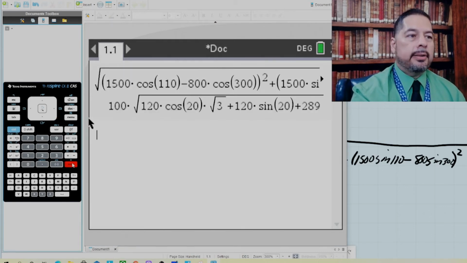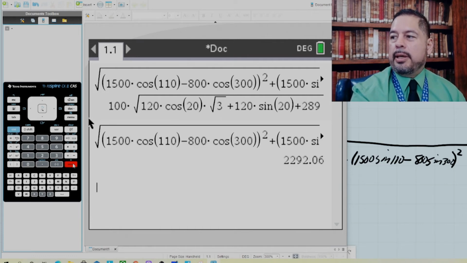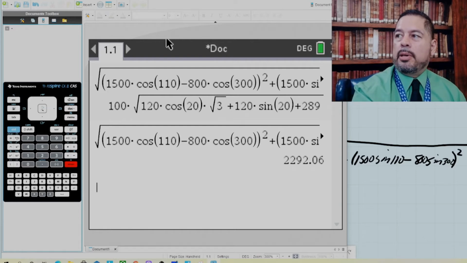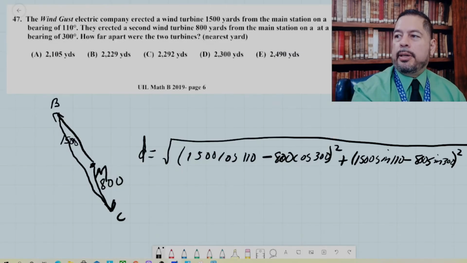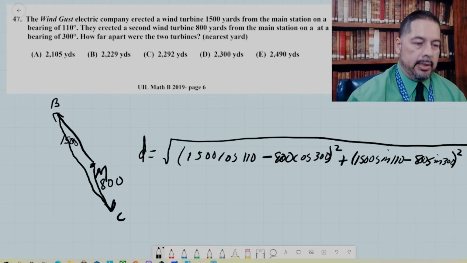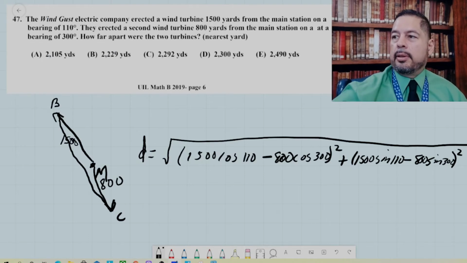We get that, which we want to put in approximation mode, and we get 2,292.06, and so rounding, we get the answer 2,292.96, and the answer is C.